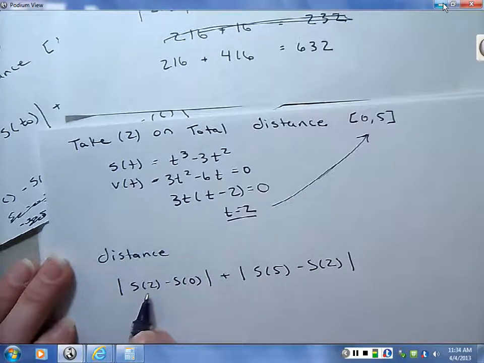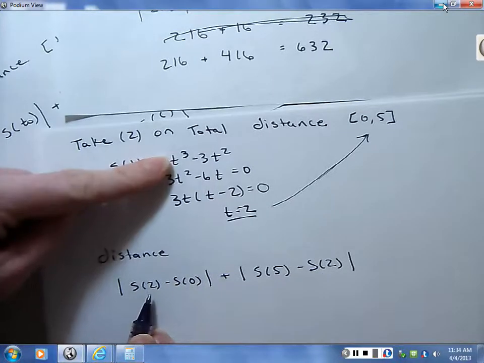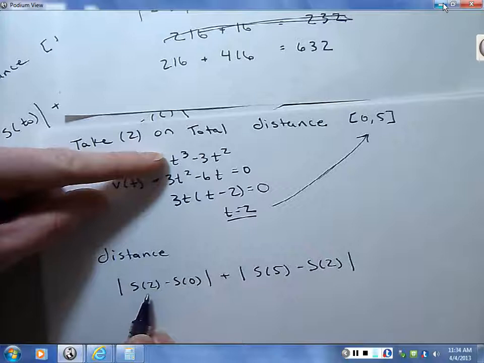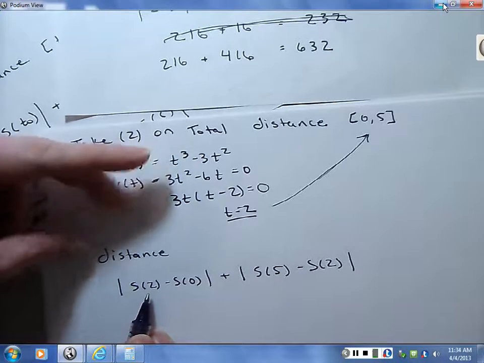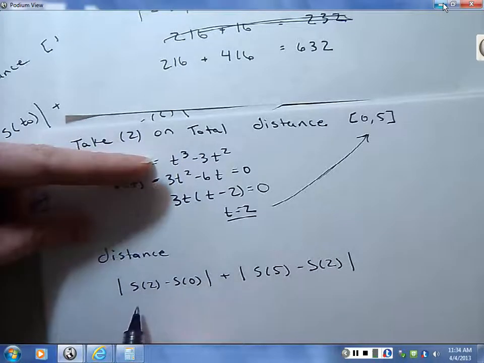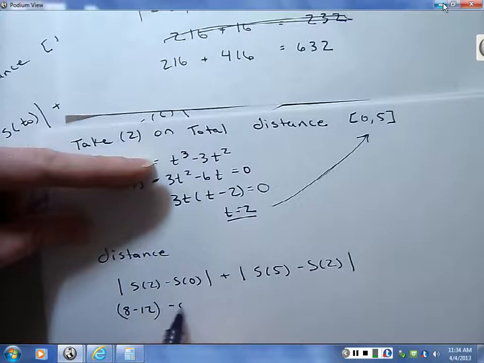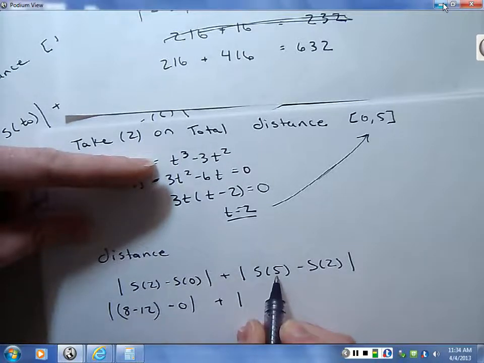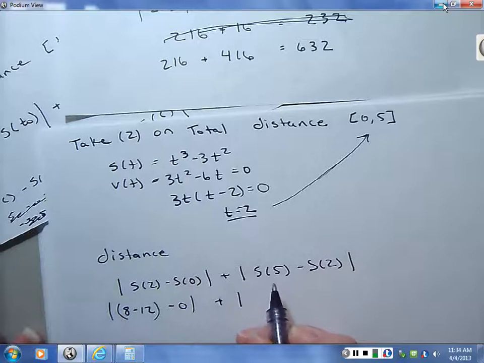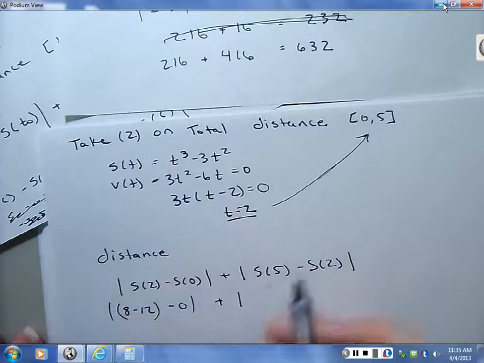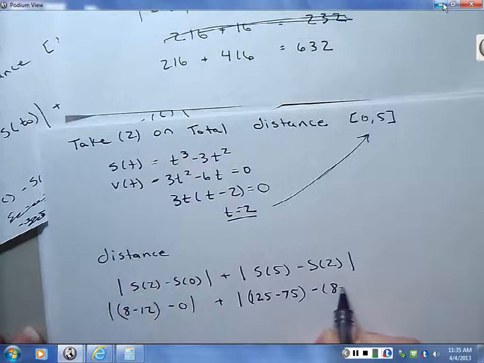So what is s of 2? 2 cubed minus 3 times 2 squared. So 8 minus 12 minus 0 plus s of 5, 125 minus 75, 25 times 3 is 75, 125 minus 75 minus 8 minus 12.